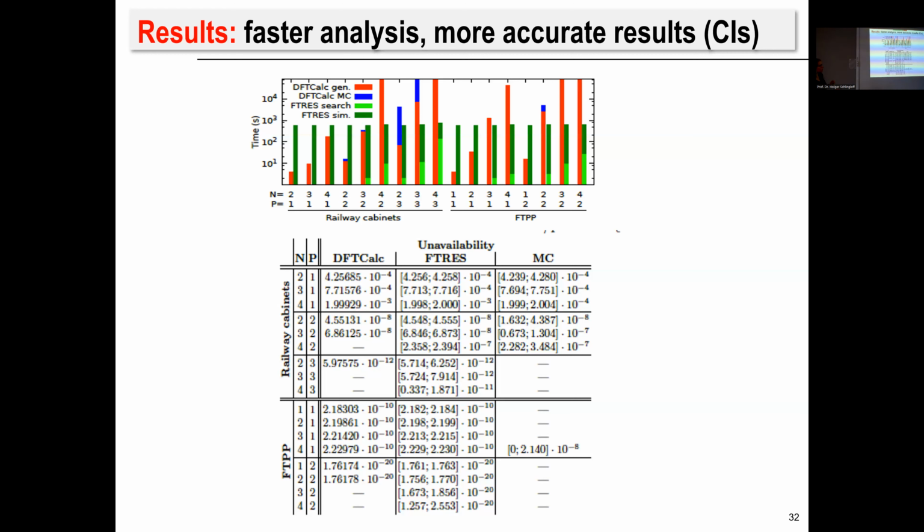These are the confidence intervals, and you see that for rare event simulation, confidence intervals are much narrower than for regular Monte Carlo simulation. And of course, if you do exact model checking, you get exact results. So this gives nice, faster and more accurate results automatically if you use these techniques from rare events.